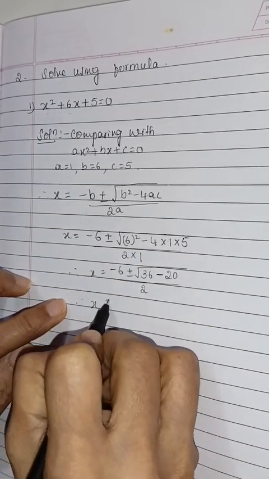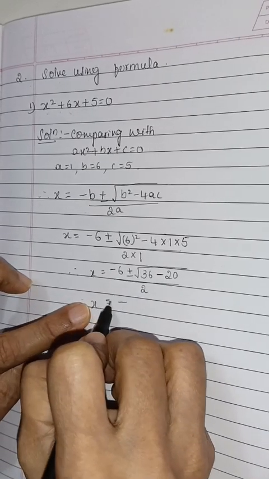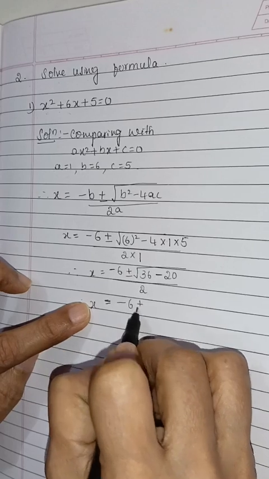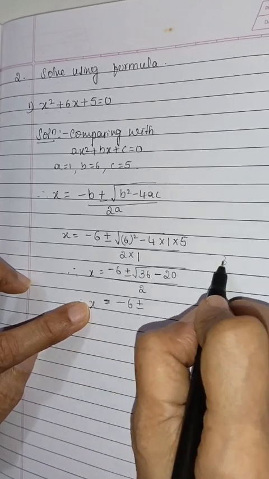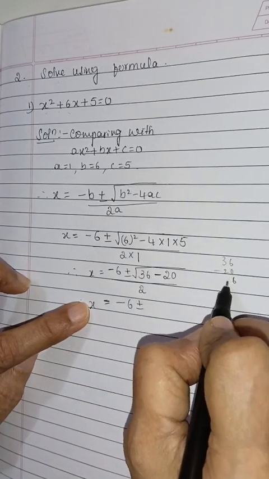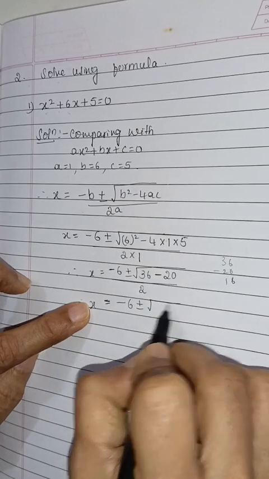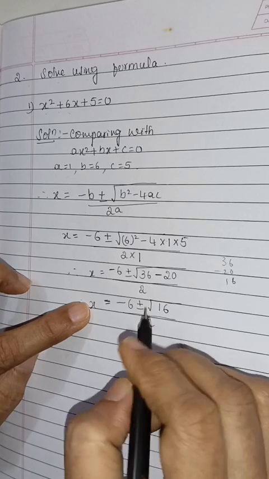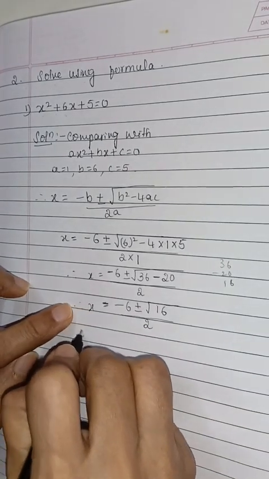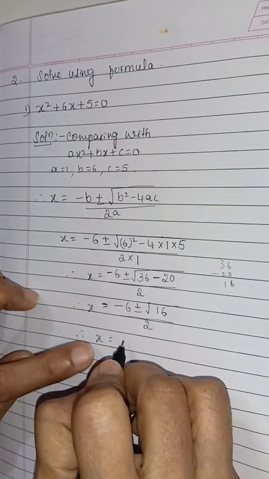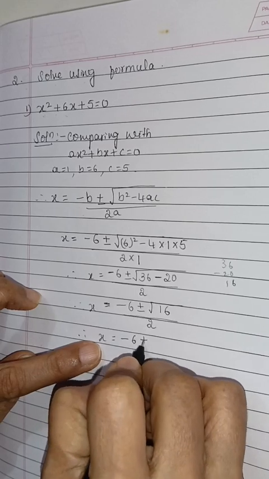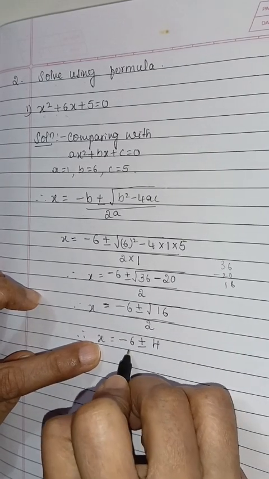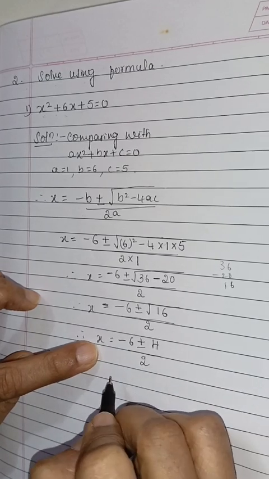Therefore x is minus 6 plus or minus square root of 36 minus 20, 16, divided by 2. Okay, therefore x is minus 6 plus or minus, square root of 16 is 4, 4 fours are 16, no, divided by 2.